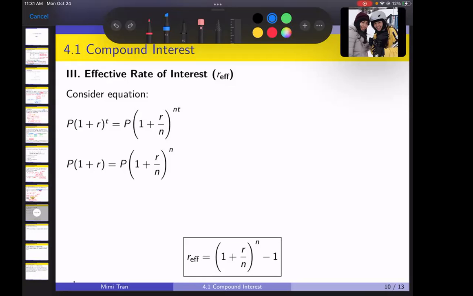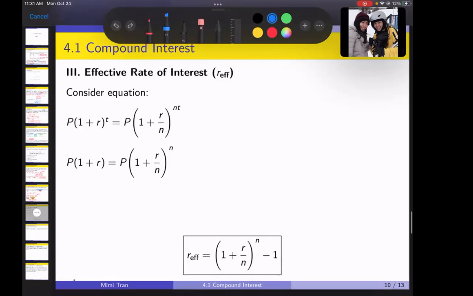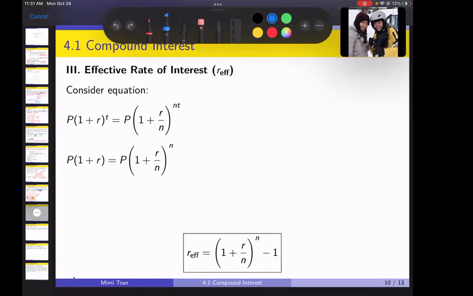Remember if you have a bill, the APR, so you have bills, you know. So that's your APR. If you have some sort of finance paperwork, you should see APR, and that is our effective rate of interest. Anyway, let me start out with the equation. So here is your ultimate formula, which is remember.